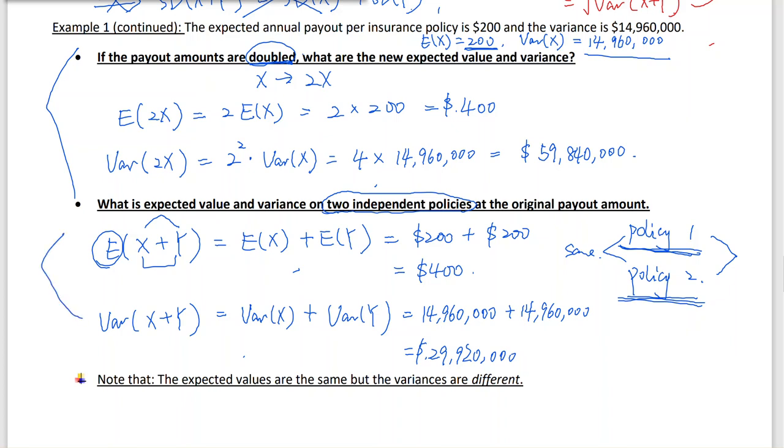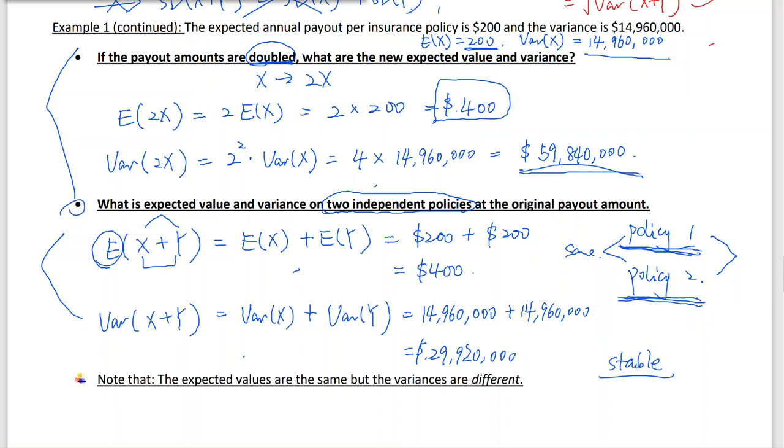If you separate your money into 2 policies, you have more stable payouts. But if you double your amount in just one policy, you expect the same on average, but you will not be as stable as the second option. You have more variance. So this is the difference between these two.